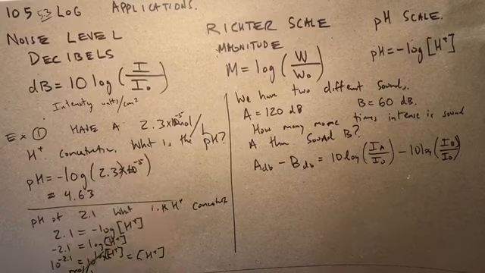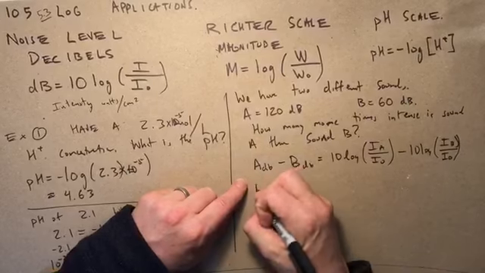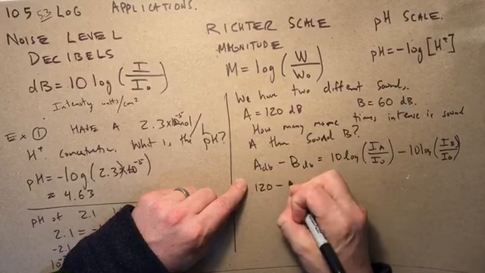At this point, we can begin plugging in the numbers: 120 minus 60.